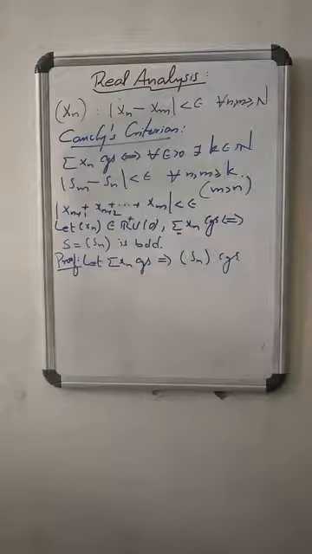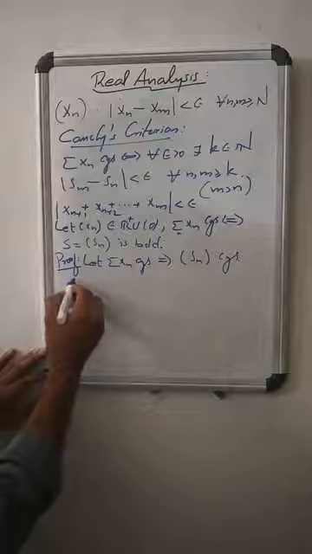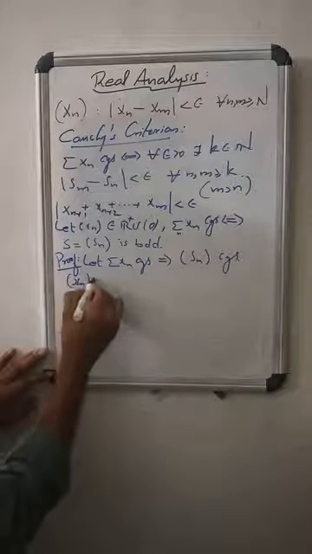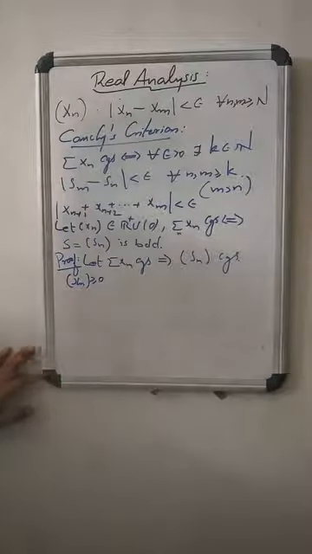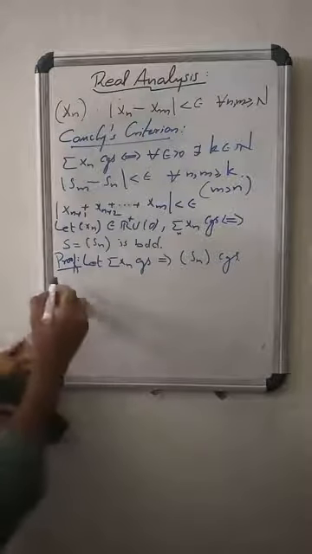Let Sn be the nth partial sum of sigma xn. So when sigma xn converges, surely its nth partial sum converges. So the sequence Sn converges. What is xn? xn is a sequence of non-negative reals, meaning xn is greater than or equal to 0 for all n.